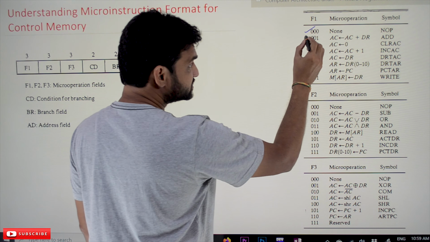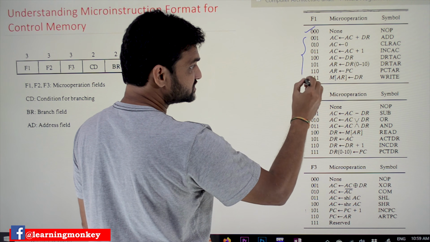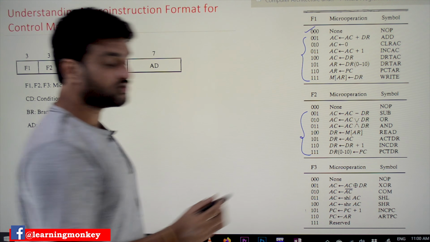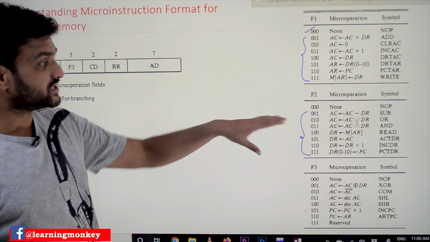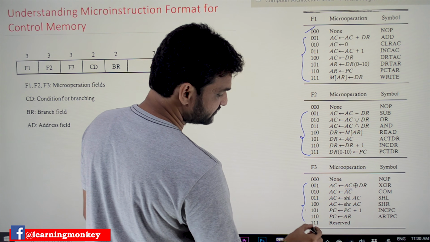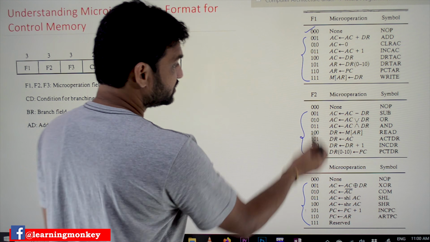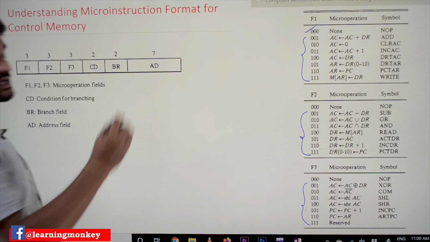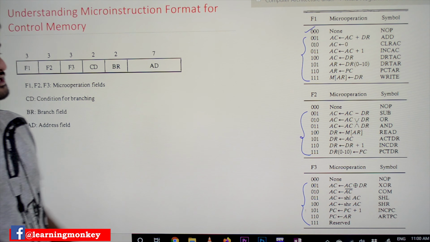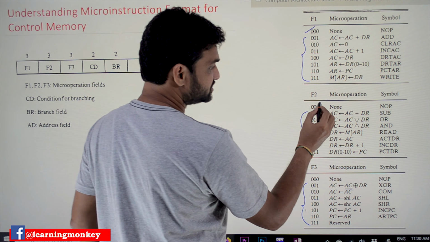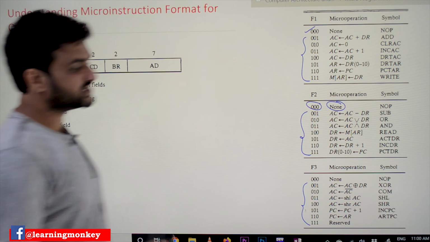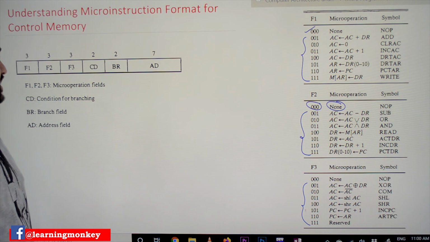These are the 7 micro operations of this group, and of this group, and of this group. So these are the 3 groups, and each group has 7 micro operations, and every group is provided with 000, which is provided with none. Why it is provided with none, we will try to understand in this class.